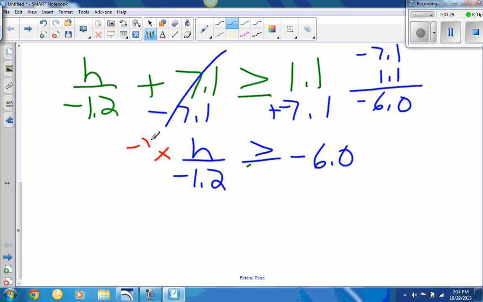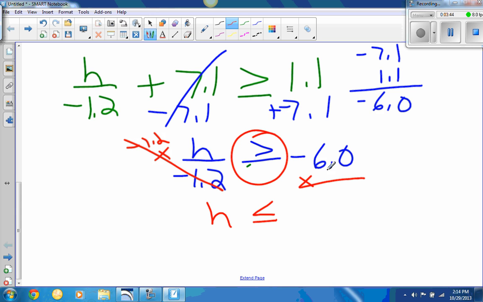Multiply by a negative. That should be a big warning sign. Multiplying or dividing by a negative means I need to flip this symbol. Needs to change. That'll leave me with h, and I do the same thing over here. Multiply by a negative, which makes it a positive. Negative times negative is positive. So just go ahead and multiply like normal here.